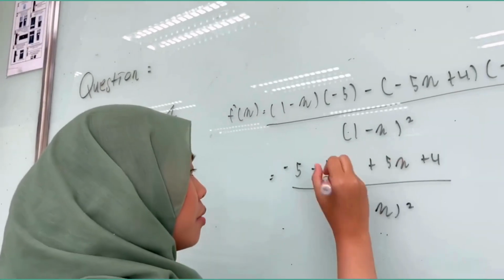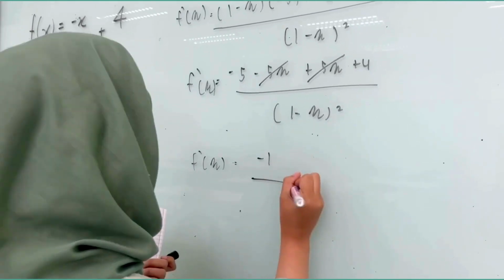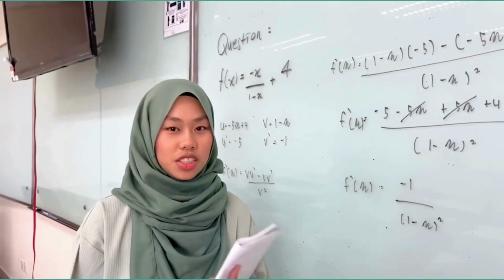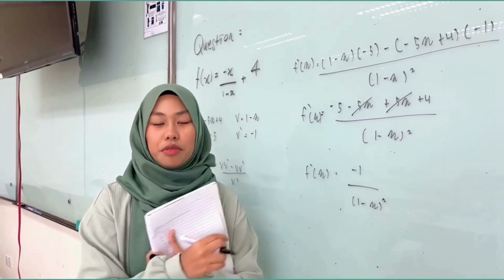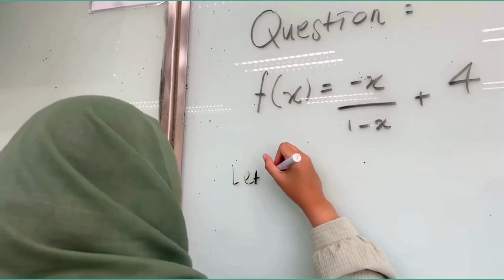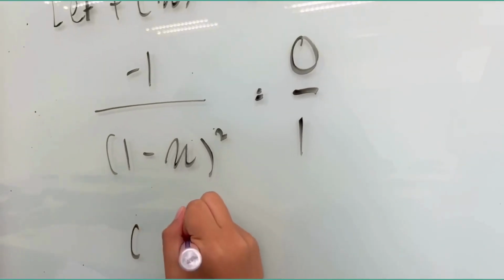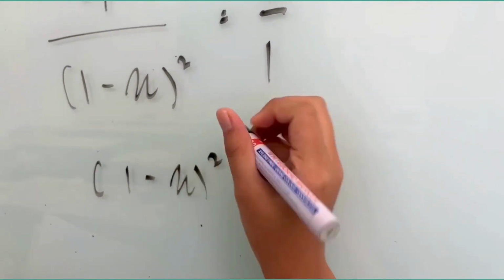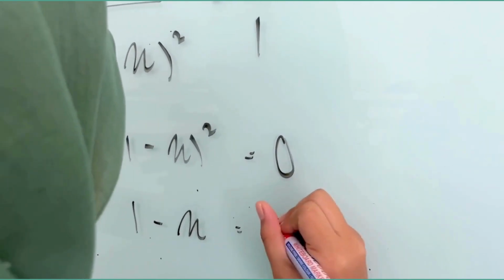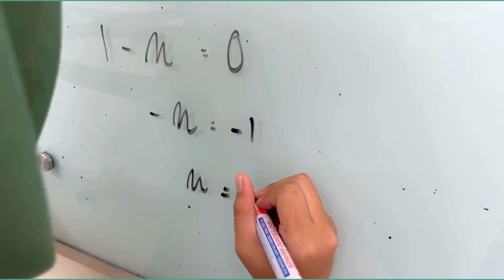Okay, simplify. This is the answer for f prime. So we need to find the x where f prime of x is zero. So x equal to 1.